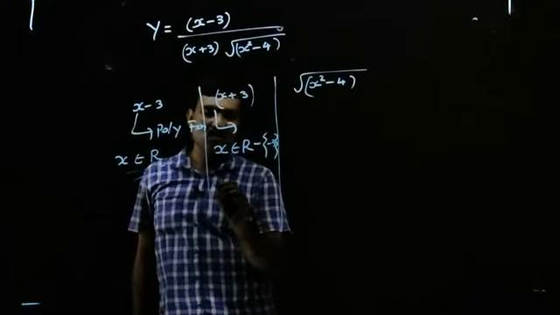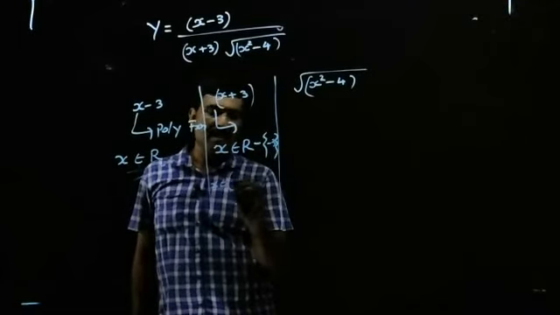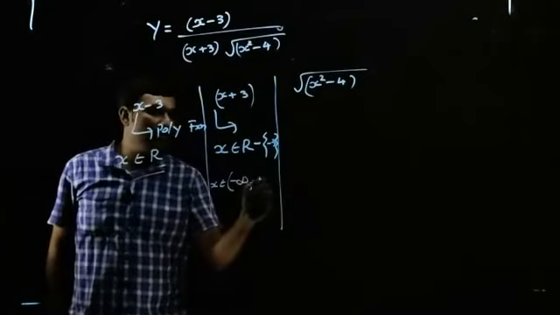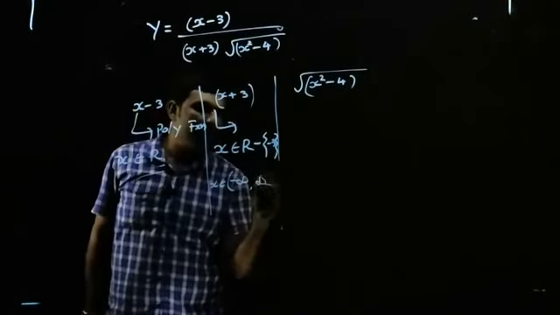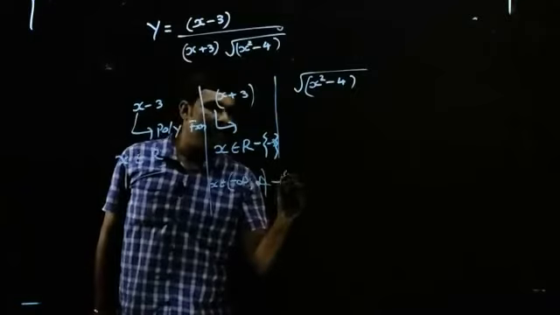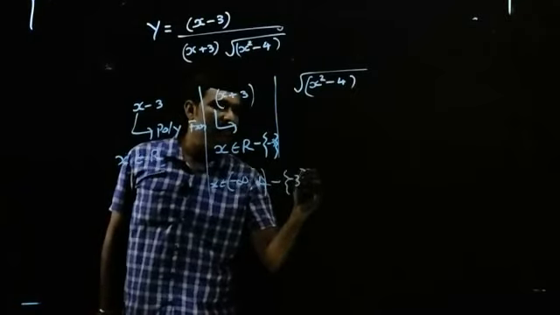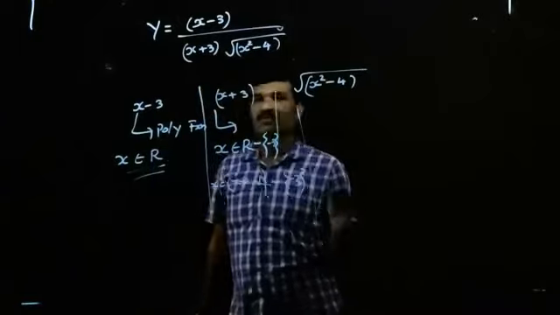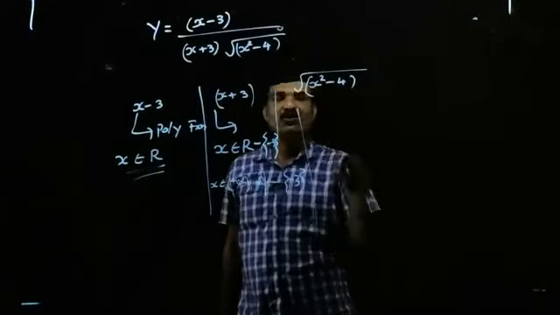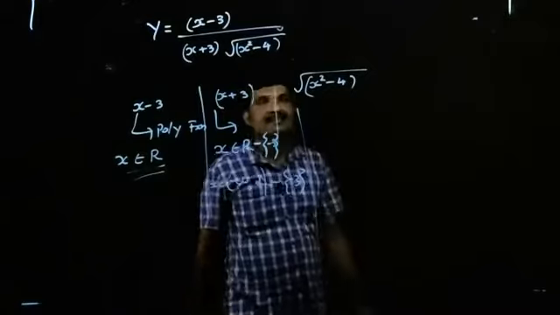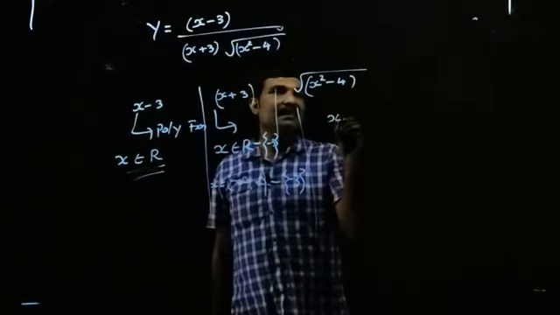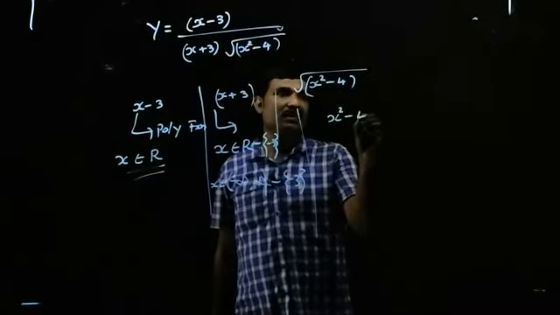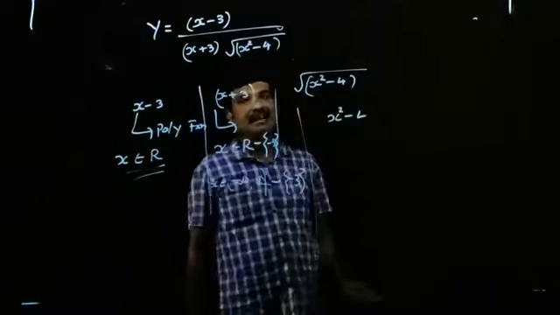So x belongs to minus infinity to infinity, excluding minus 3, so R minus the set containing minus 3. This is the domain of this section, right? Now for this section, x square minus 4 is coming inside the square root. So anything inside the square root should be a positive quantity. And this is also coming in the denominator.